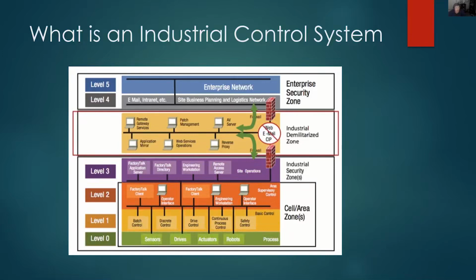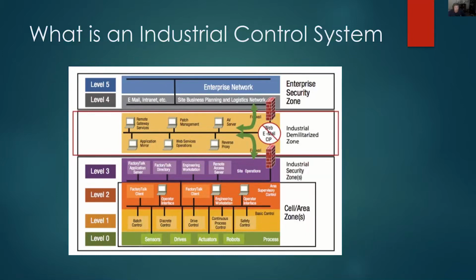Basically, at the top level, that's where your business functions take place. And then the bottom four levels are the actual industrial processes, the controllers, the supervisory systems, and then the zone supervisory systems, we'll call it.